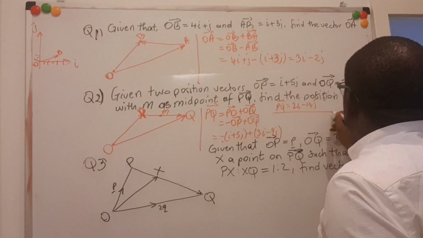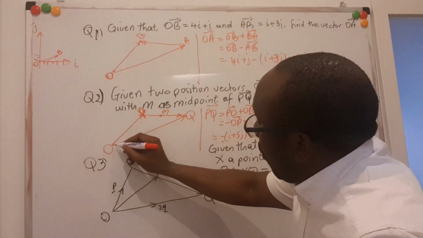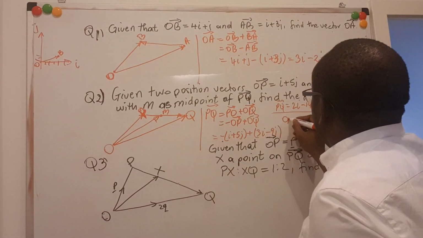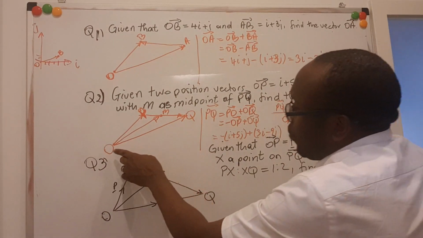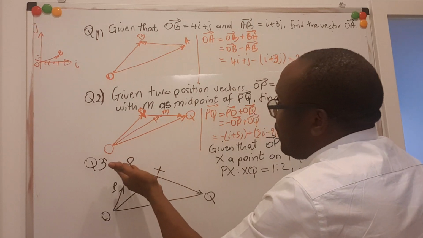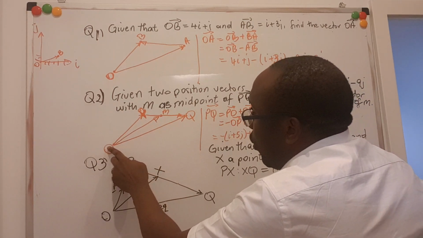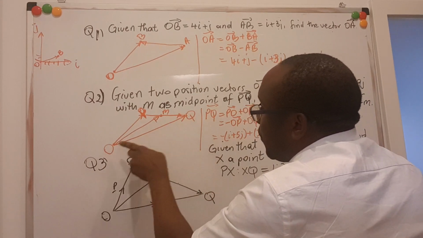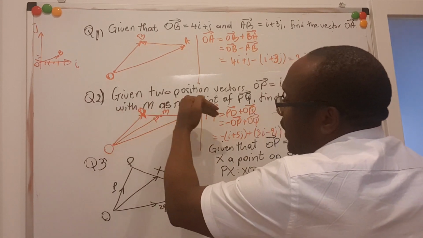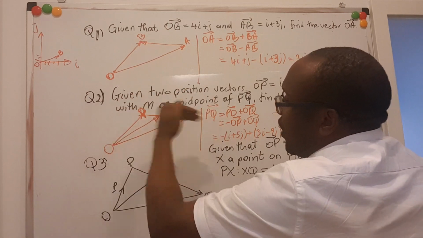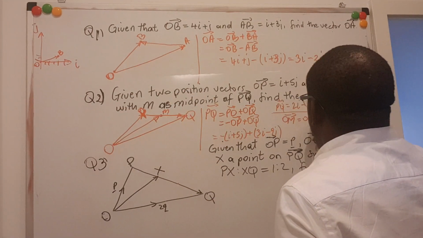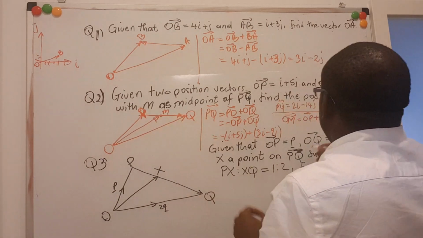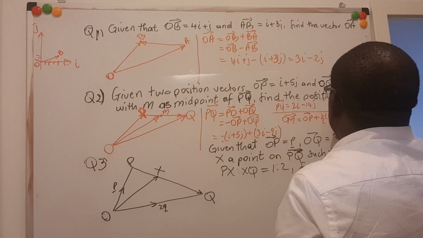So the question was to look for OM. To go from O to M, there are two ways. I can either go from O to Q and Q to M, or I can go from O to P and P to M. I prefer the latter because it's in the same direction as PQ. So this is OP plus, from P to M, half of PQ.